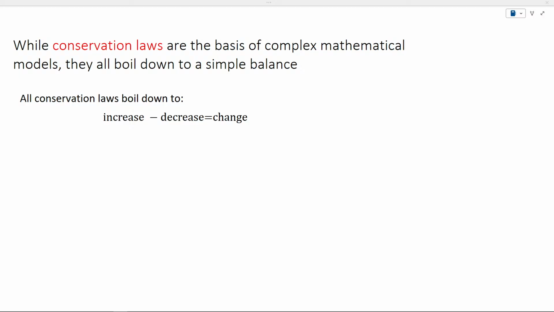The law states that these fundamental quantities cannot be created nor destroyed. They can just be transferred and transformed. So mass cannot be created nor destroyed. It can just be transferred or transformed.